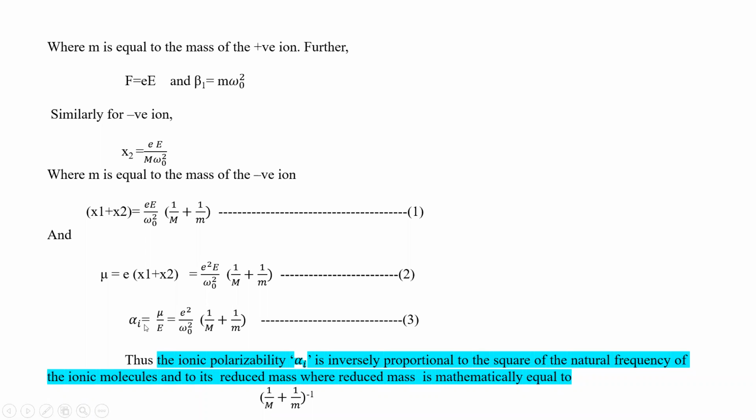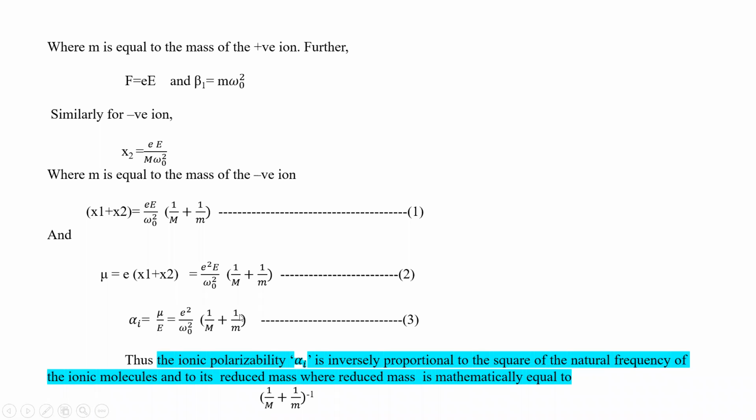The ionic polarizability is inversely proportional to the square of the natural frequency. இது ஆக்சுவலா alpha i எதை depend பண்ணியிருக்குன்னா, is inversely proportional to the square of the natural frequency and also the reduced mass. So this value 1 by capital M plus 1 by small m is called the reduced mass. This reduced mass is inversely proportional to alpha i.